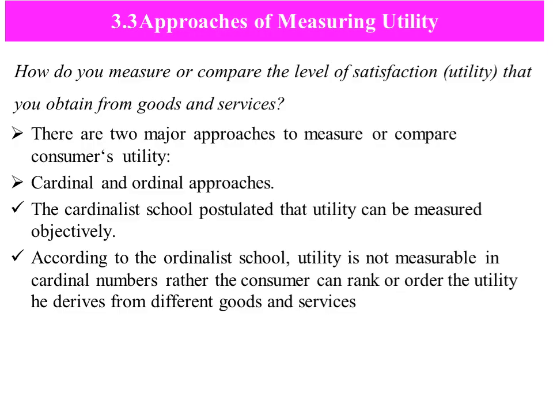The cardinalist said it can be measured by number. We can make it 2, 3, or 4, or 5, we can measure in cardinal number. But the ordinalist school of thought says that it is not possible to measure utility by using number because it is not measurable. Rather, we can say the first, the second, the third.